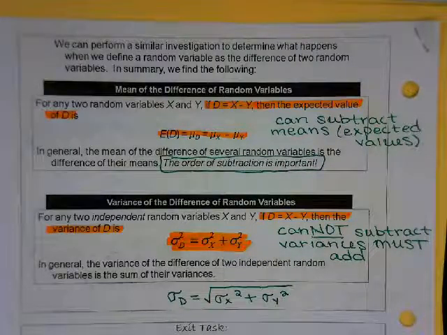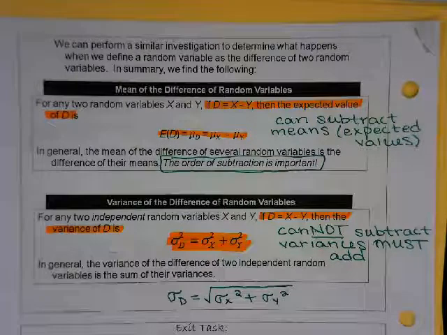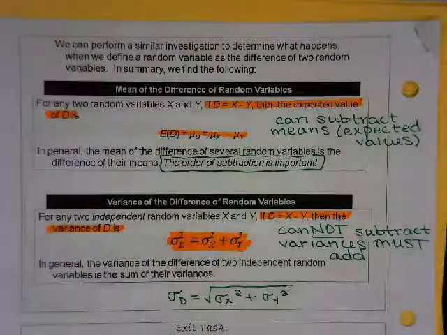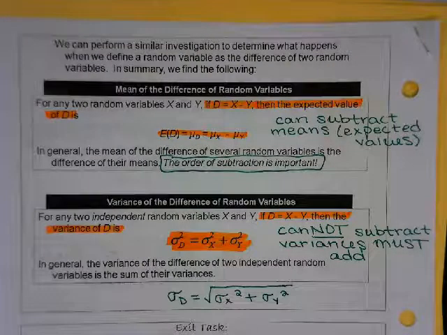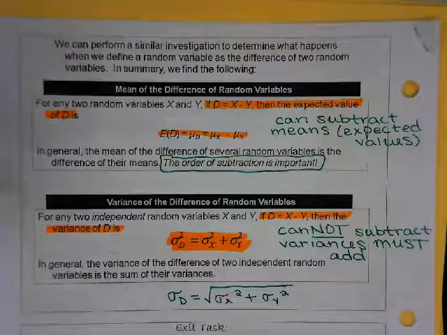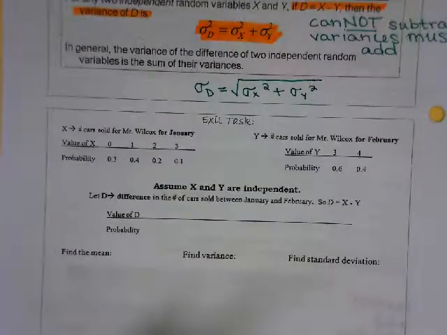And now we're going to look at the exit task, which is a difference problem, and we're going to do it together. Down below, on the left it says X represents the number of cars sold for Mr. Wilcox for January.